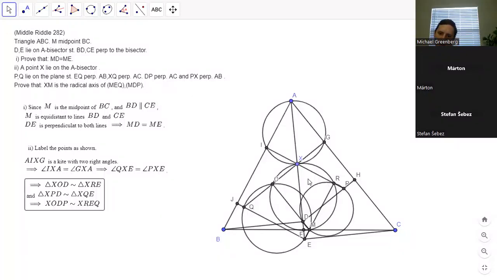And so that's kind of how we get XR times XP equals XO times XQ.